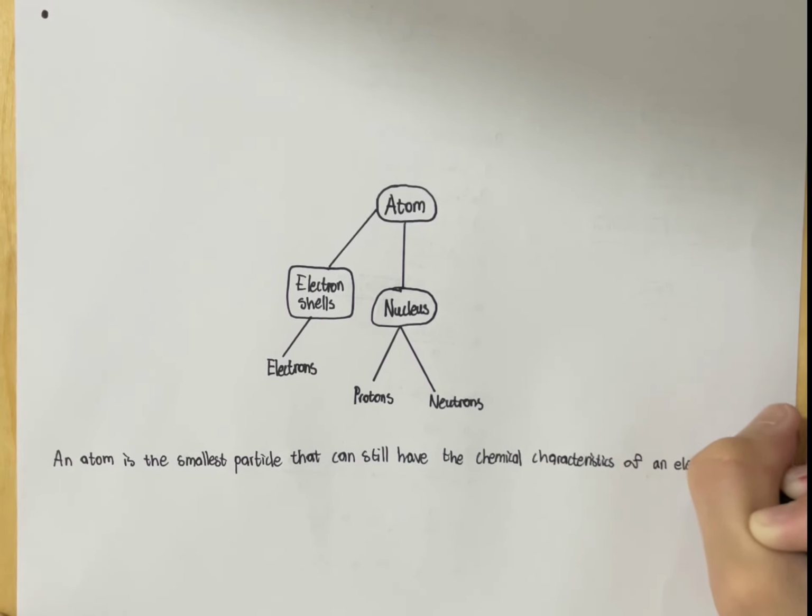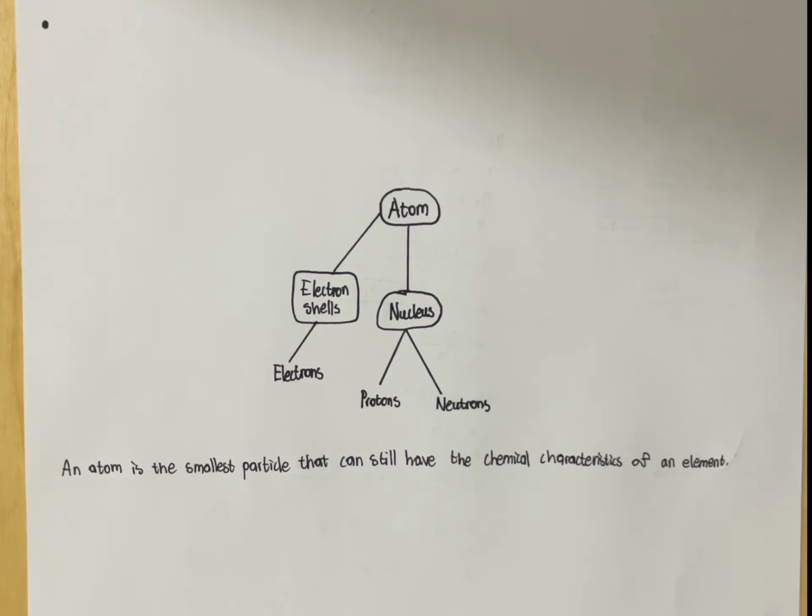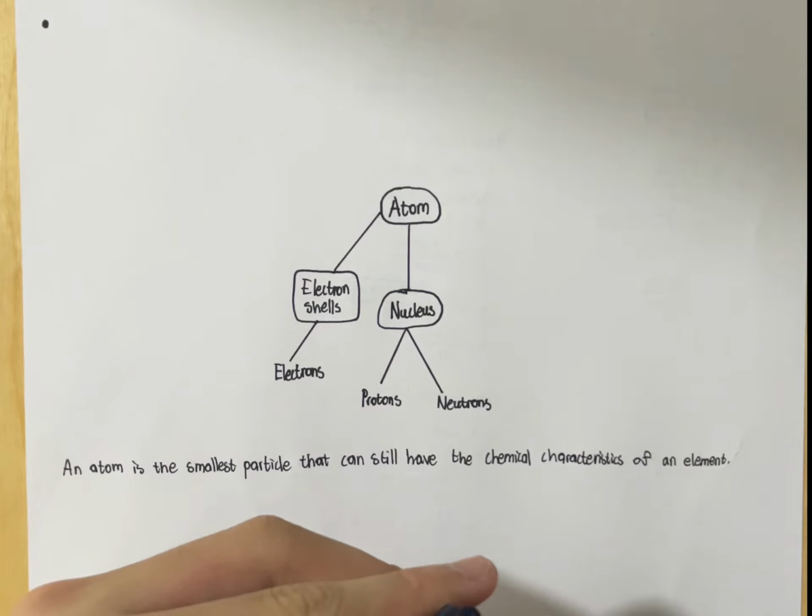So that's a definition I would recommend remembering, but of course it's up to you if you want to. Okay, let's just get into the whole atomic structure. There's no need to delay it.